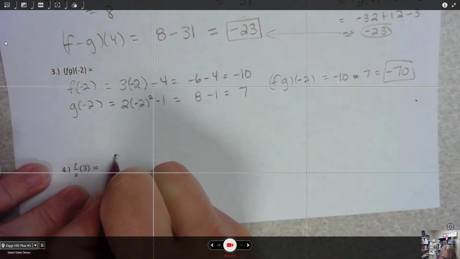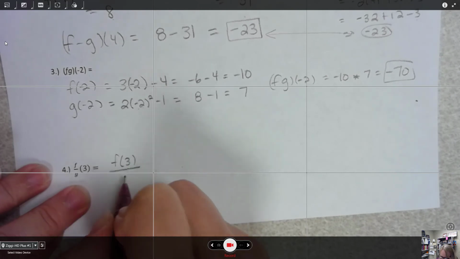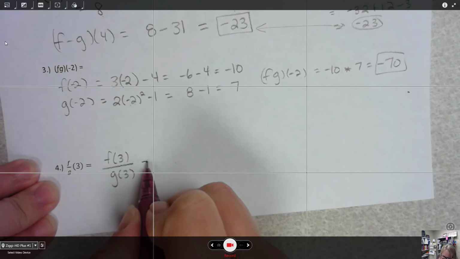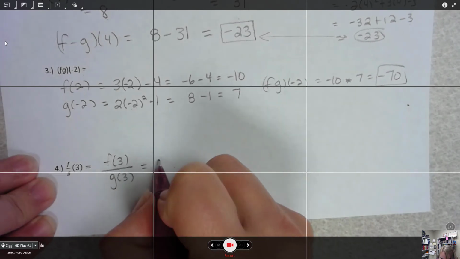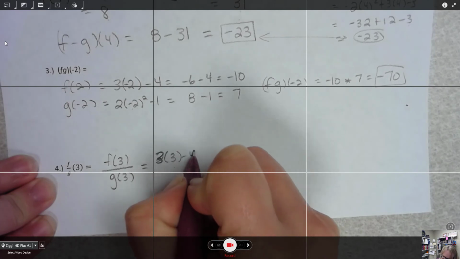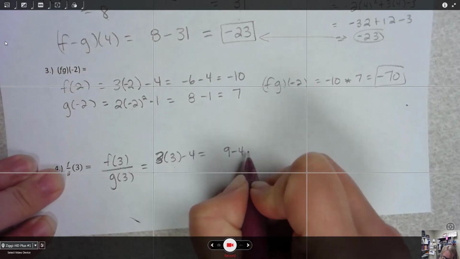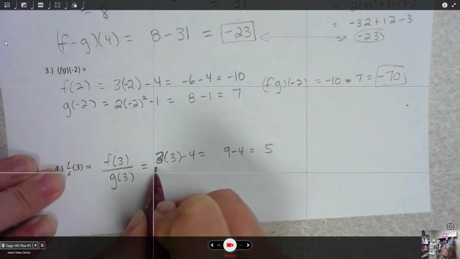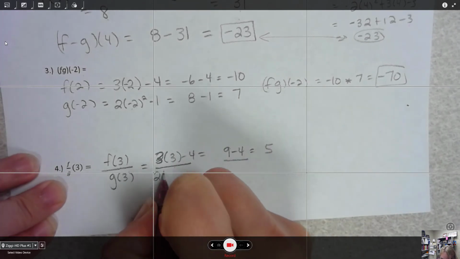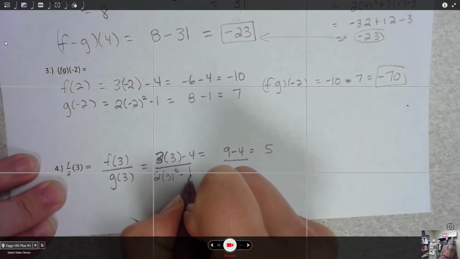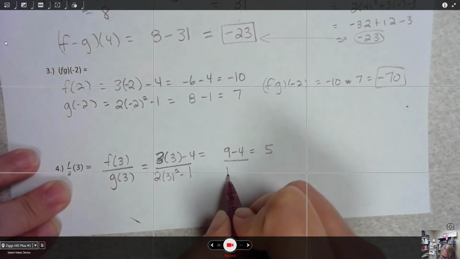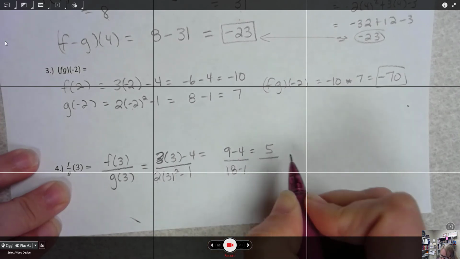So I'll find f of 3 and divide it by g of 3. f of 3 would be 3 times 3 minus 4, 9 minus 4, which is 5. Then for g of 3, I'll fill in a 3 everywhere there's an x. So 9 times 2 is 18, minus 1 leaves 17.